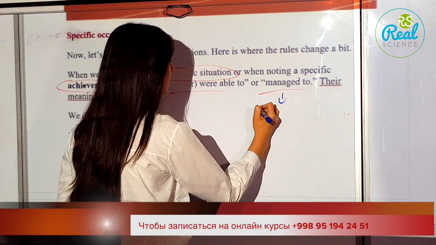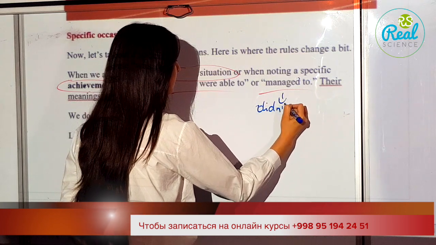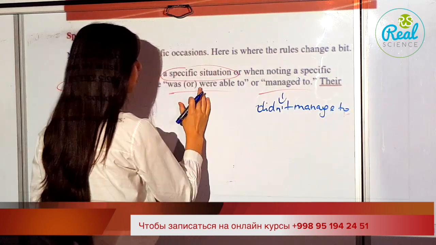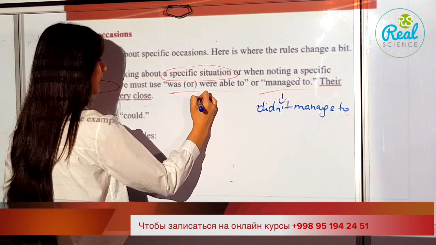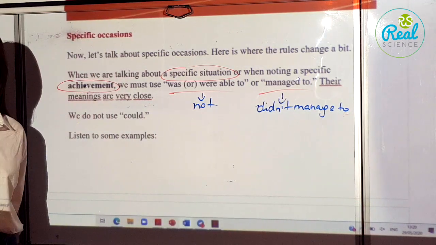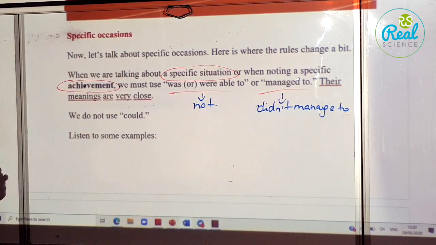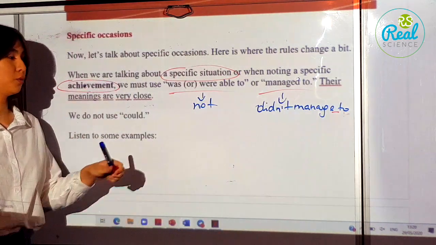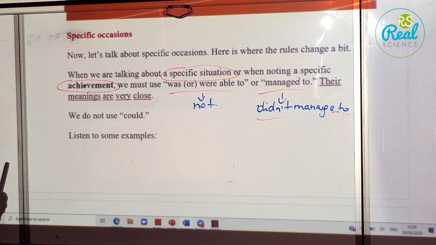Yeah, of course. So didn't manage to. And for was, were able to, we just add what? Not. Was not able to, were not able to. Okay, very good. So here we get rid of the d at the end because we have didn't. I think you know about this.